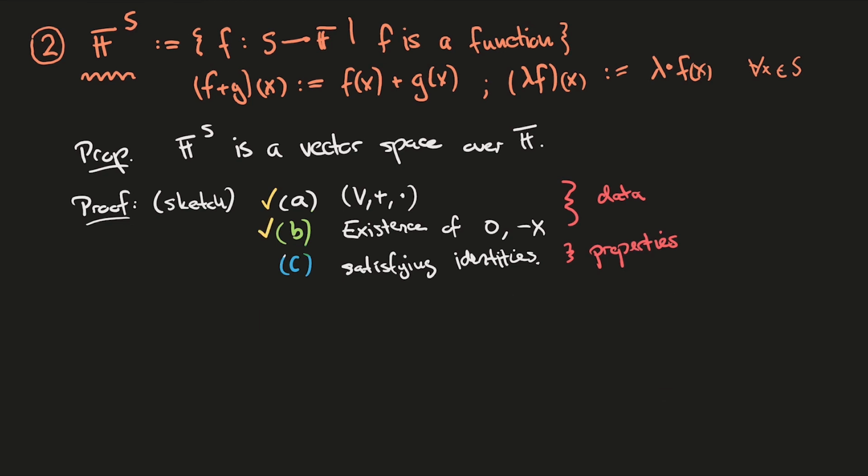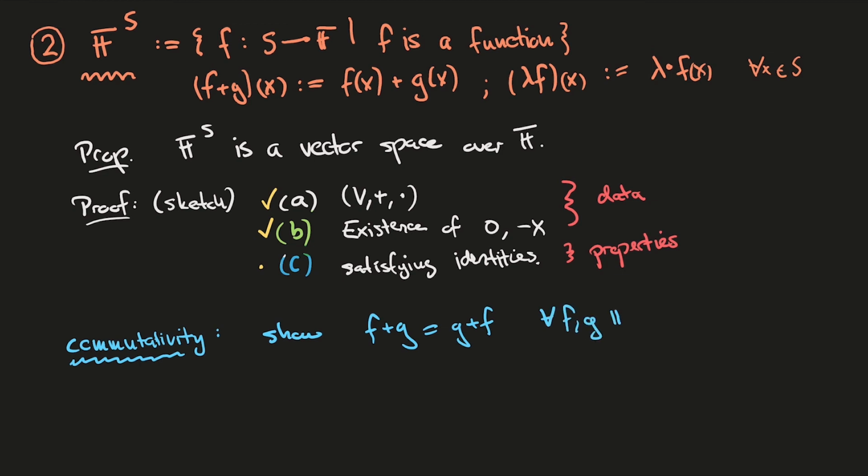So we've now shown B, and I will show one of the identities required in C, namely commutativity. What we need to show is that f plus g is equal to g plus f for all f and g in F^S.